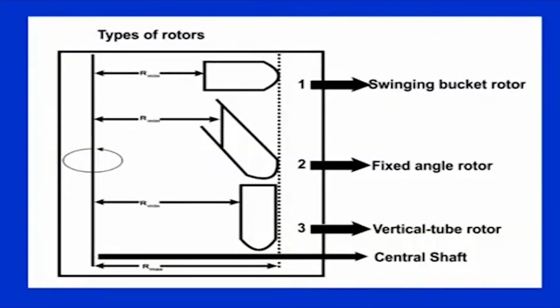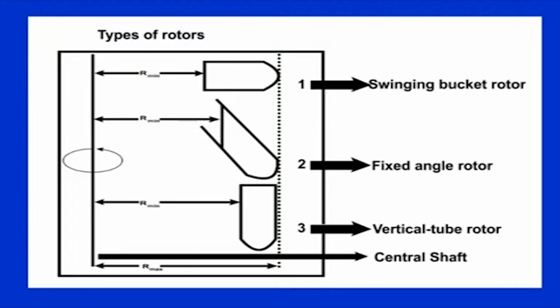Now, these complex variables which affect the sedimentation properties of a mixed population of particles also depend on the concentration of the suspension, the nature of the medium, and the design and handling of the centrifuge. For example, like we were talking about the radial distance, there are three types of rotors here: a swinging bucket rotor, a fixed angle rotor, and a vertical tube rotor.